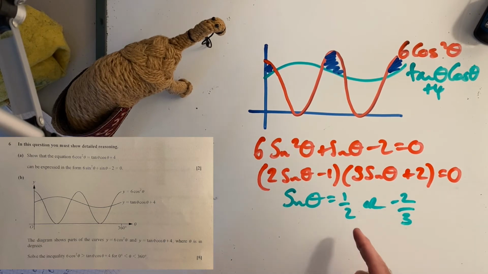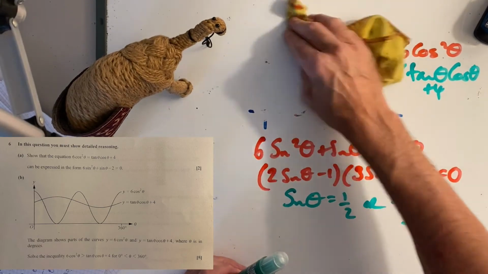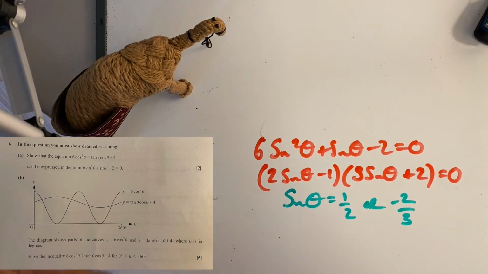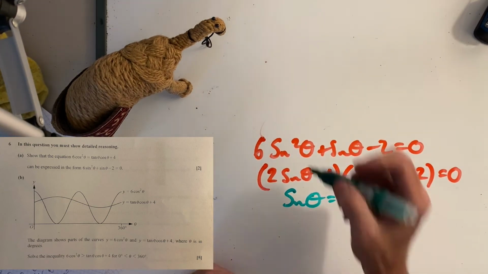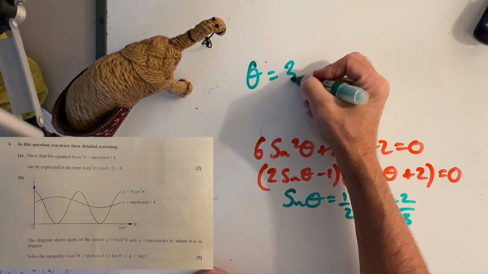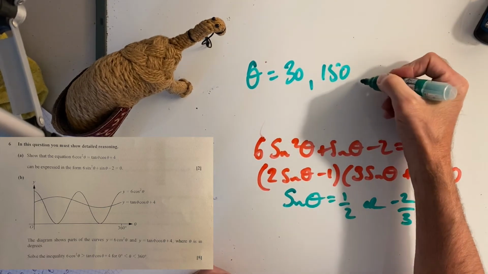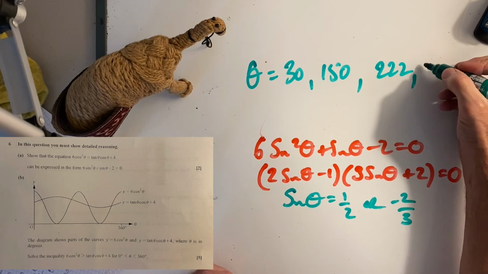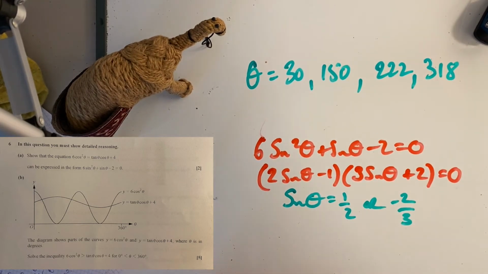Now, don't forget, you can do CAST, you can do a whole range of ways of doing this. The diagram, often most of us like using the diagram. That's kind of the common way of doing it in order to determine all the values here. So here, obviously, we know theta is going to be 30 and 150. But equally from here, we're going to get, as integers, these 3 values here.